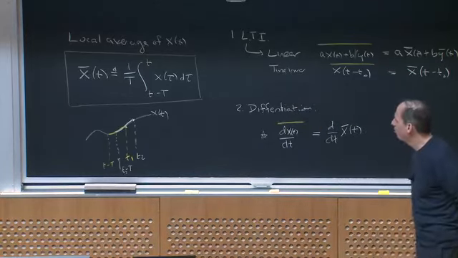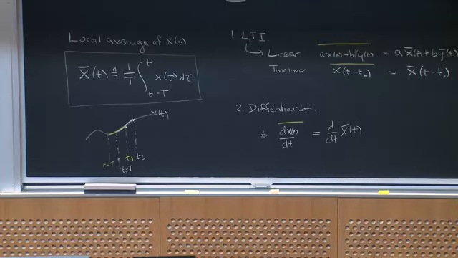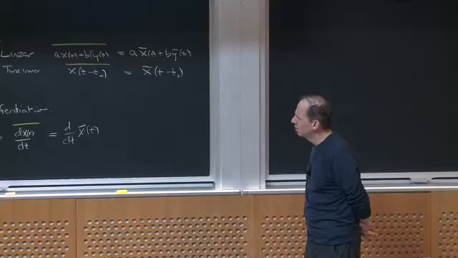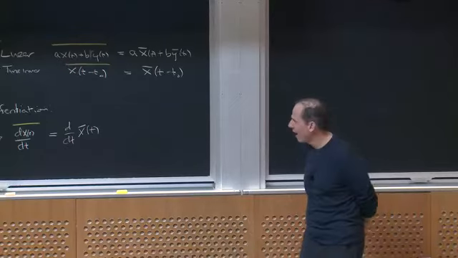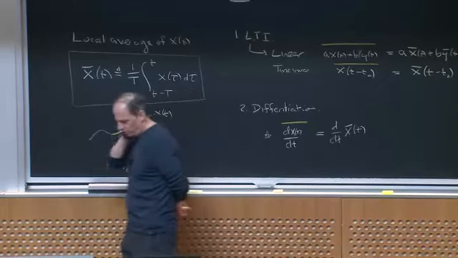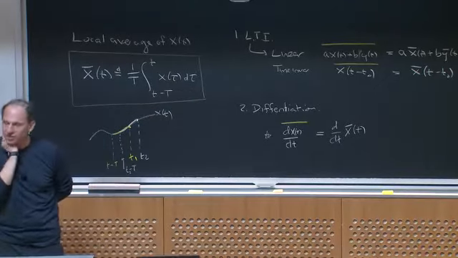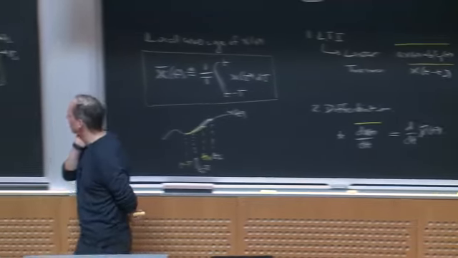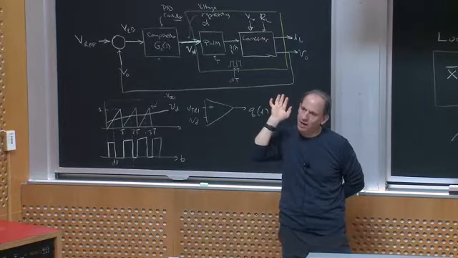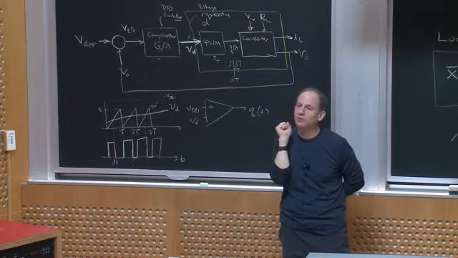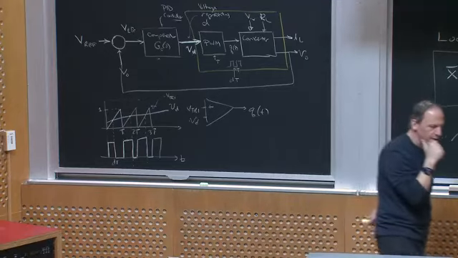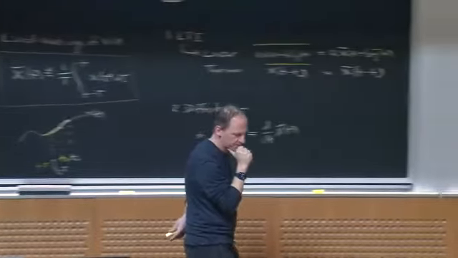So, how might I use this averaged model or averaged operator? The way I'd like to show you to use it today is on a circuit itself. Suppose I gave you a boost converter and I said, well, gee, could I apply that average model to the boost converter itself, to the circuit? Let's think about what that means.